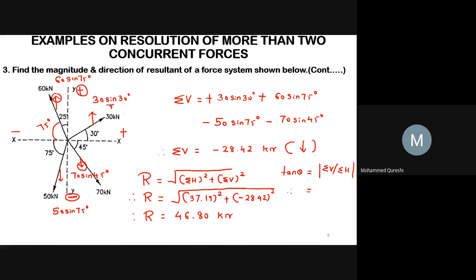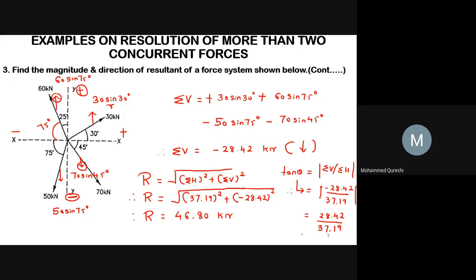So tan theta equals to, putting the value of sigma v as minus 28.42 upon 37.19, which will be equals to 28.42 upon 37.19.